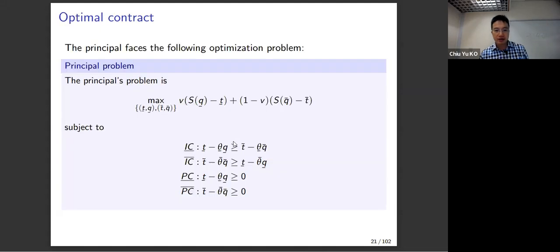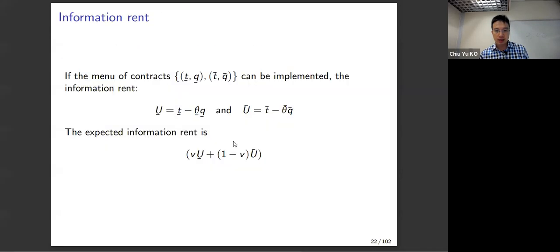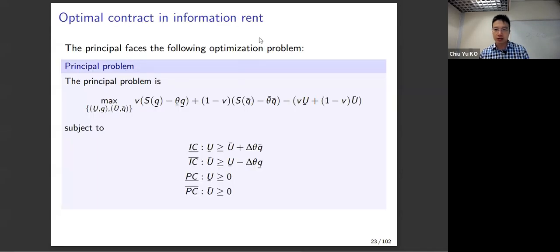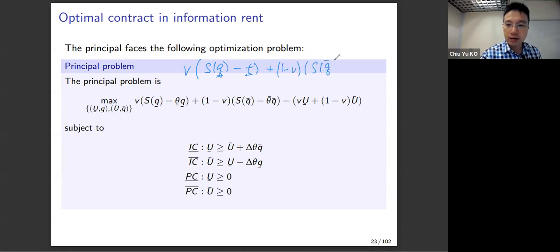So maybe I'll write it down here to make sure of how I derive that, right? Let me do it slowly, okay? Because that will be important to derive it. So what we have is the payoff will be V times S Q lower bar minus T lower bar, plus 1 minus V times S Q upper bar minus T upper bar, right? That will be the original problem.